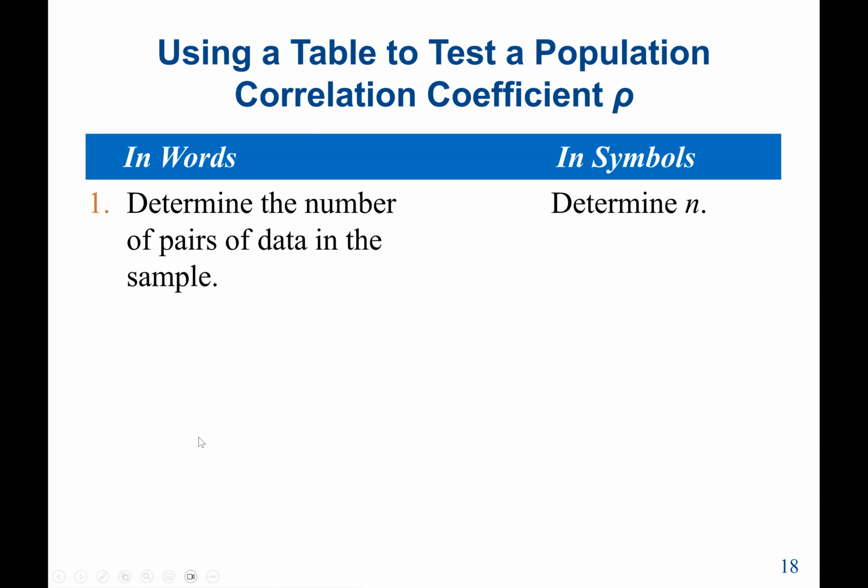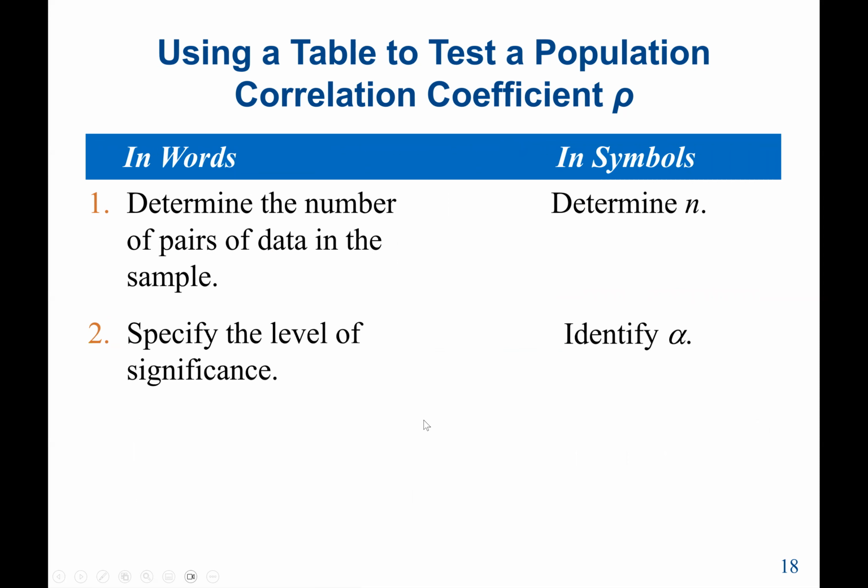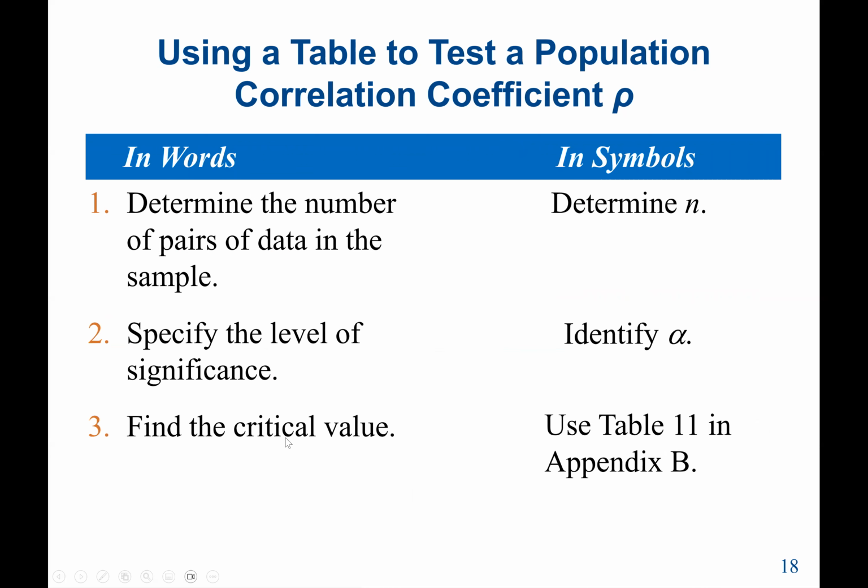So how do we use the table to test the population correlation coefficient? First, we need to determine the number of pairs of data in the sample, which means we need to determine the sample size. And then we have to specify the level of significance, which is the alpha value. That is 0.05, 0.10, etc. Then we can find the critical value using the table.